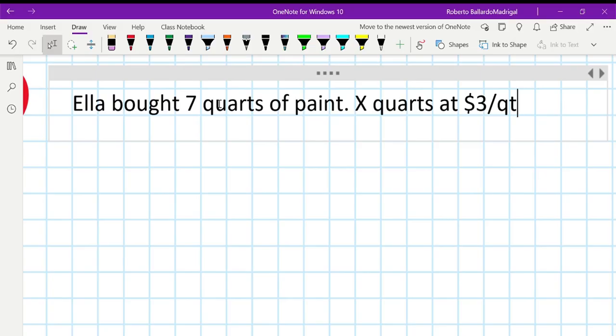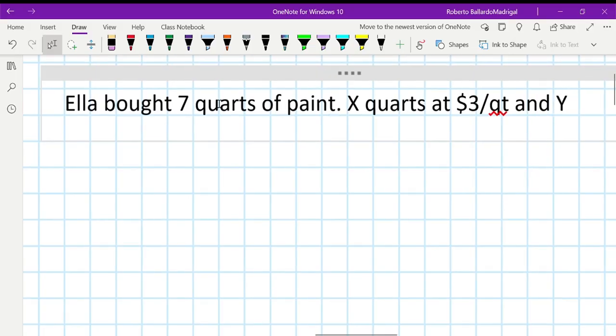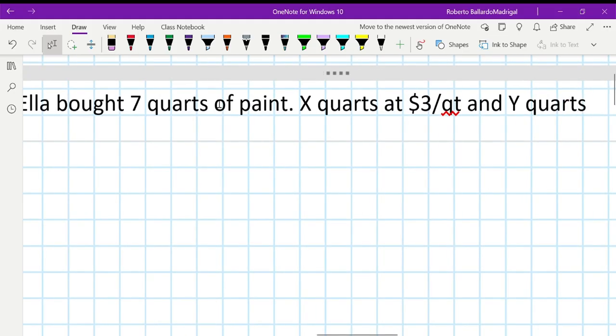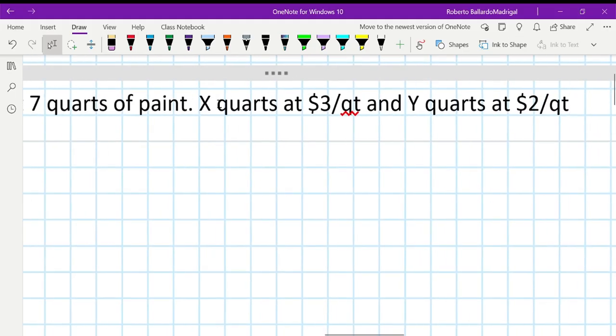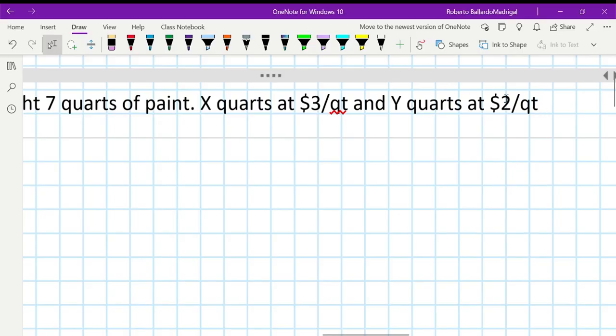And then we have Y amount of quarts that she got from, let's say, Lowe's, at $2 per quart.